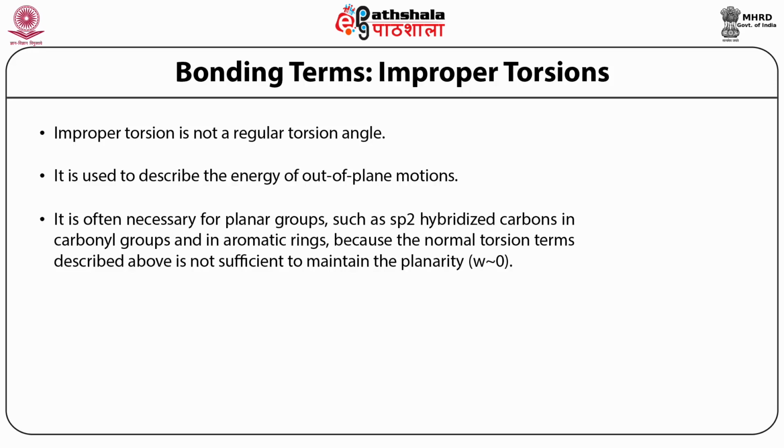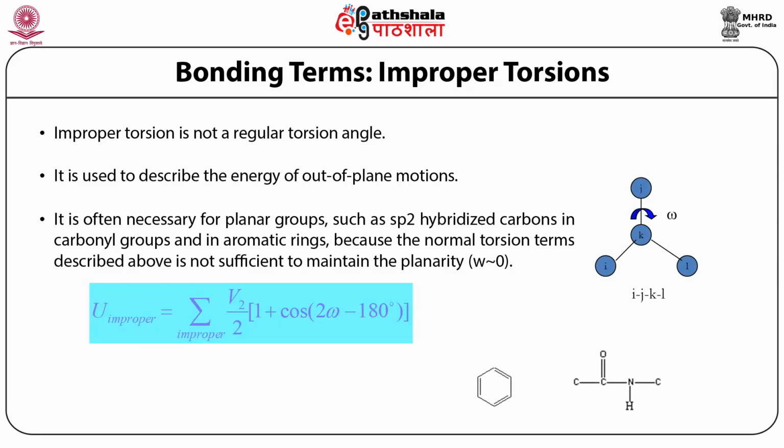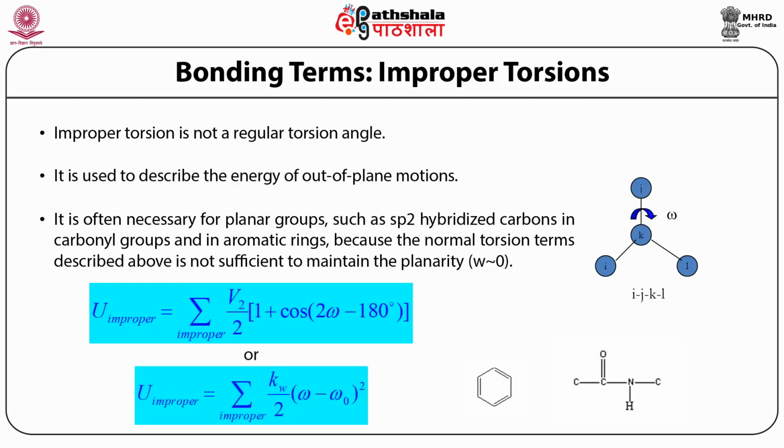To retain that planarity, the angles are taken away from 2 planes, as shown here in the picture, and the expression is shown by this formula or by this formula, depending on which type of software one uses. The calculation of the bottom expression is very fast, whereas the other one is a little slower.